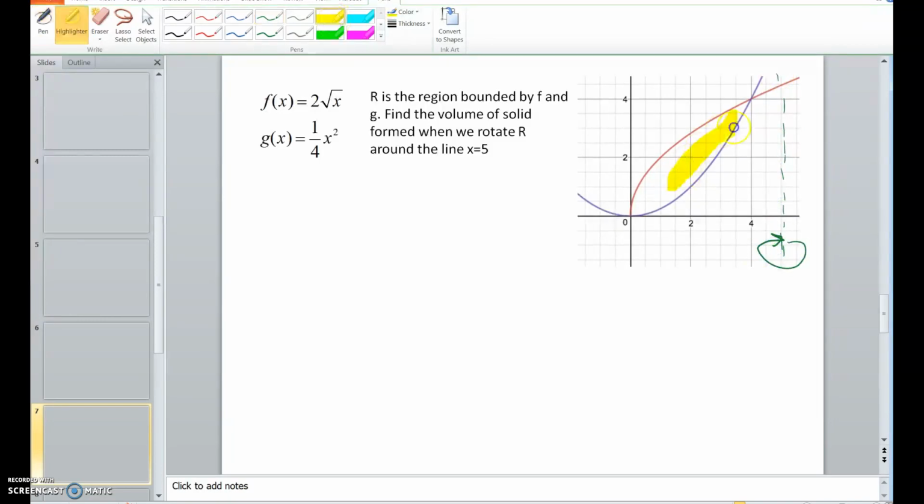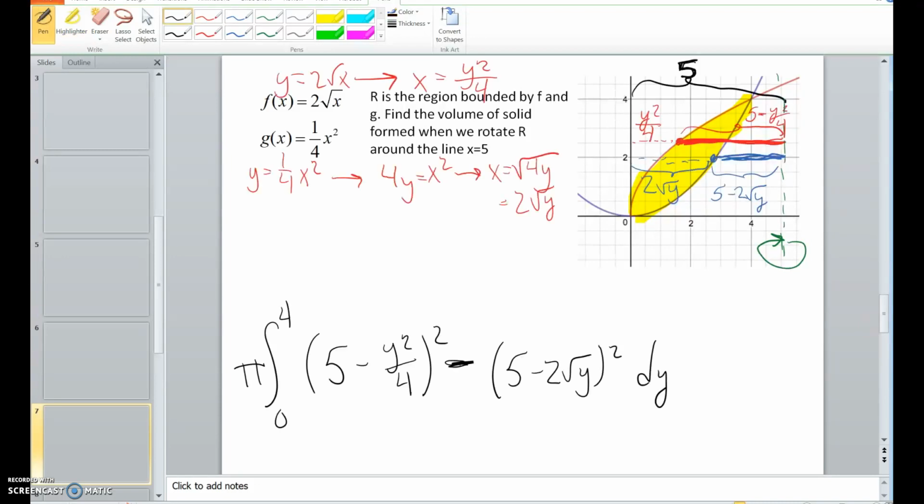And in order to do this, we're going to want to integrate with respect to y. Okay, so I'm going to go ahead and set this up and then explain it as I go. Okay, so this is a tougher volume question. I'm going to just try to talk this through. We'll go over it in class, but there's not much time left on this video, so just follow what you can, and then we'll talk about it more in class.